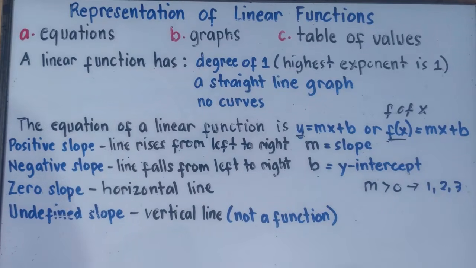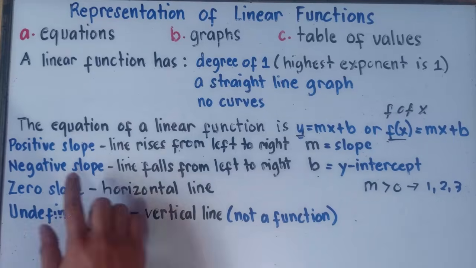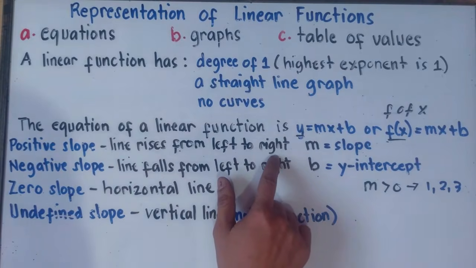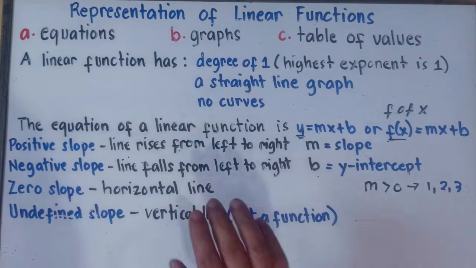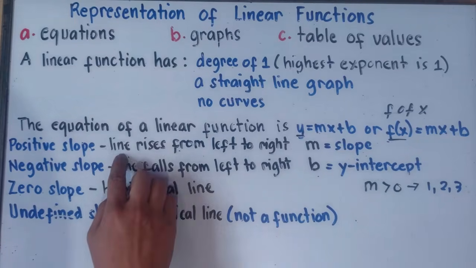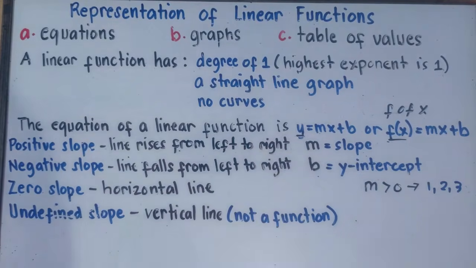All positive numbers are greater than 0. If your m is greater than 0, you have a positive slope, and the line rises from left to right. We will have examples later on with regards to this.